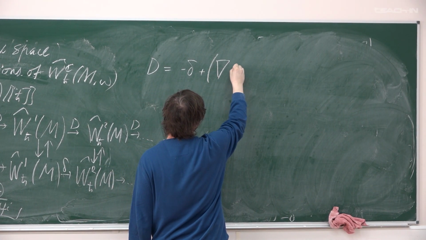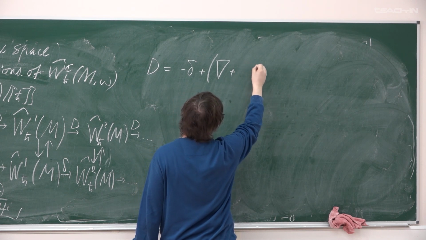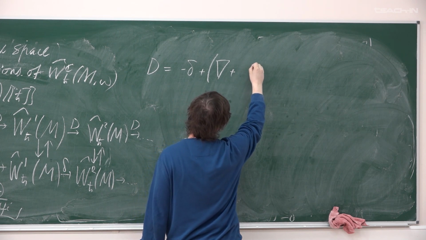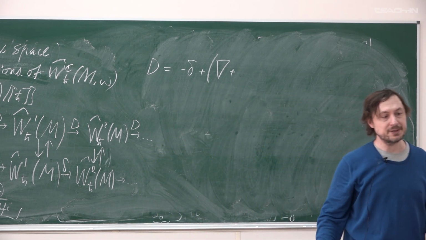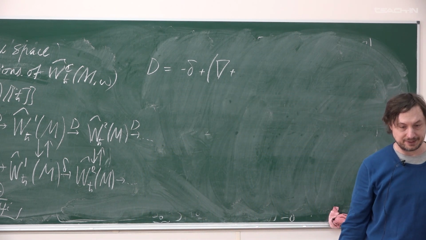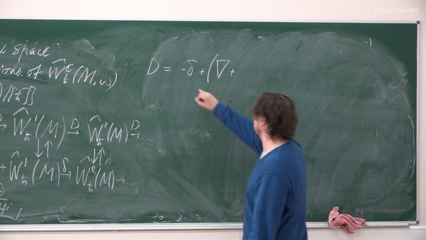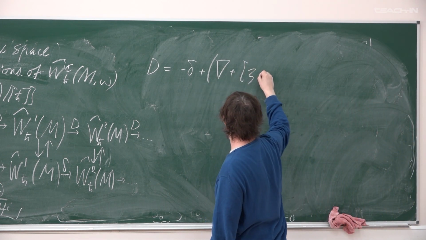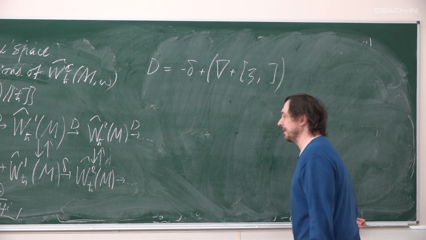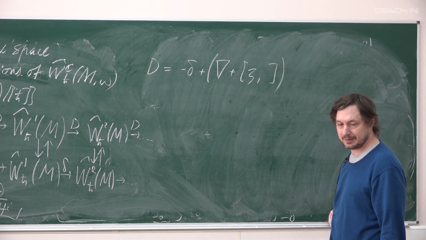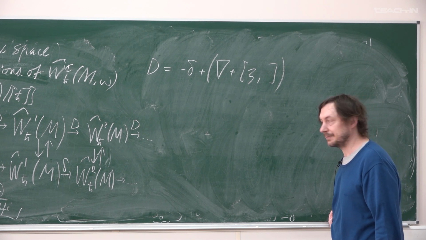Perturbation it with something of lower degree. I mean, the degree here is the degree with respect to the Weyl filtration, to the Weyl gradient. Delta raises the gradient by 1. And all the other terms here, they either do not change it or even lower it.